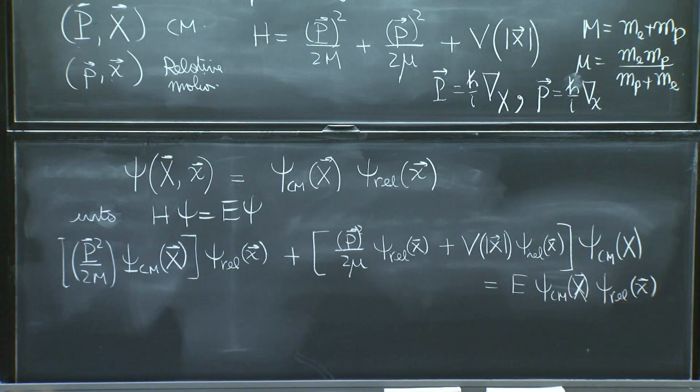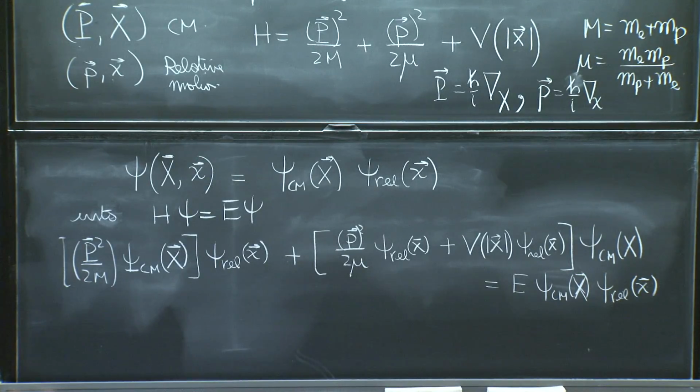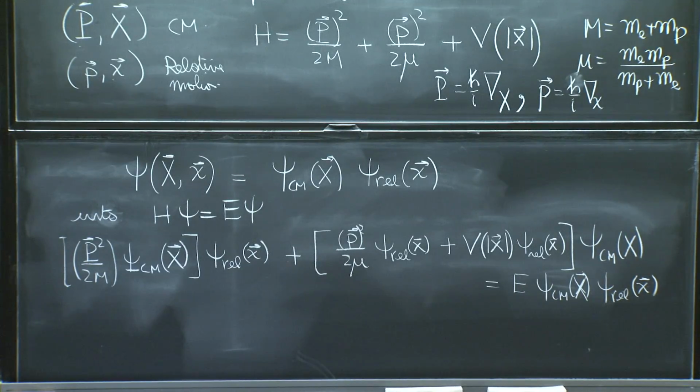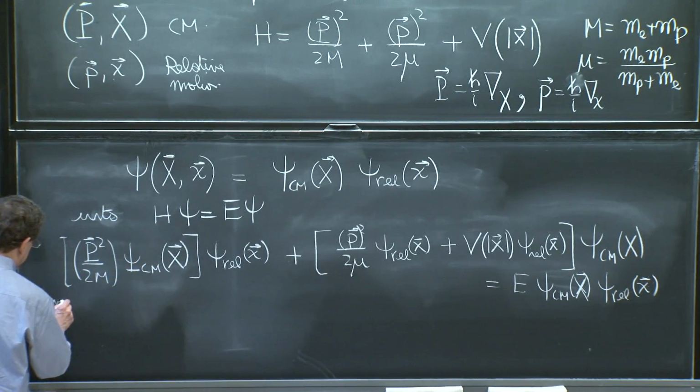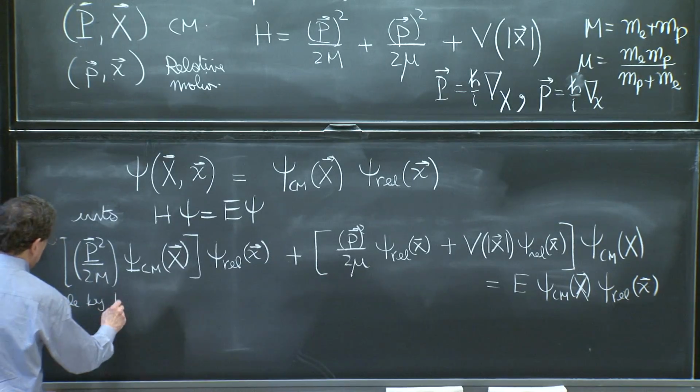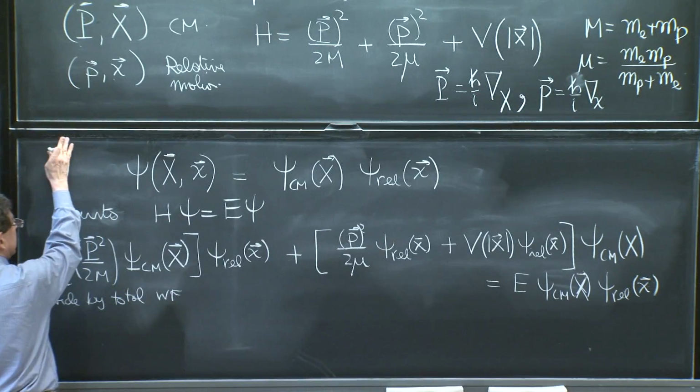And this should remind you, it's very similar to what you did a month ago of having motion, say, in 2 dimensions, and you wrote the part of the wave function dependent on x, part of the wave function dependent on y, and you separated the Schrodinger equation. So the next thing to do is to divide by the total wave function, by the product. So what do you get?